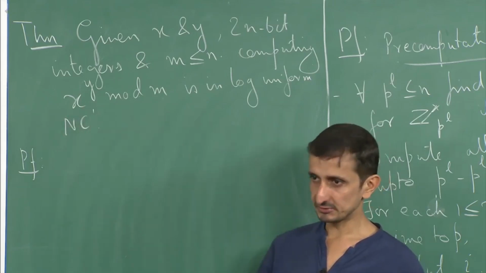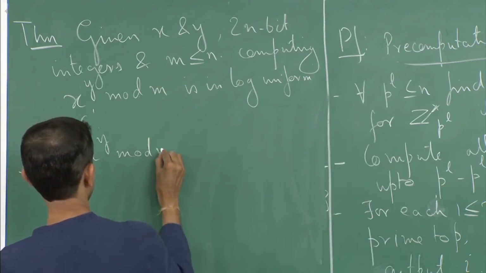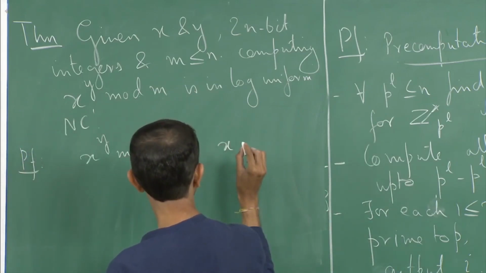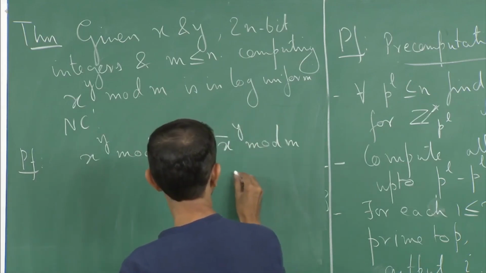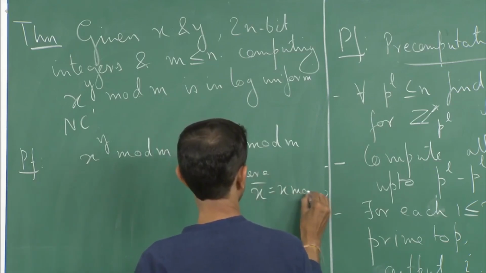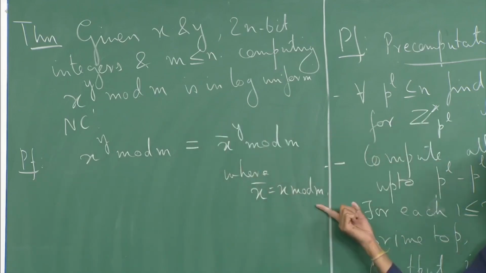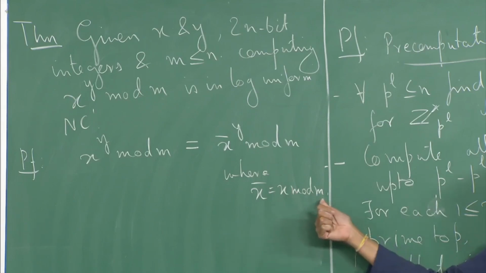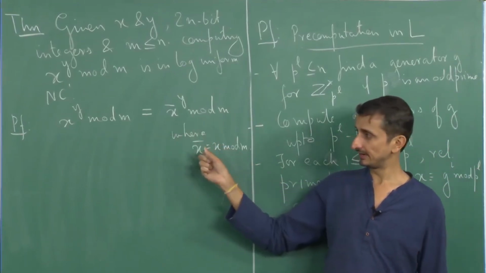The first observation is that x to the power y mod m is the same as x bar to the power y mod m, where x bar is equal to x mod m. This we can compute, right? We have seen last class that given a number x and a small number m, I can compute this efficiently. So I can get x bar efficiently.